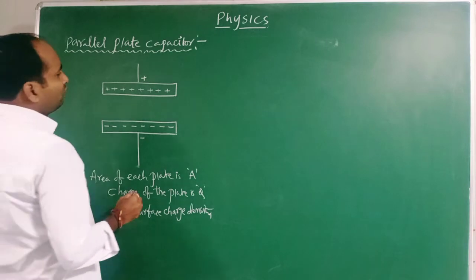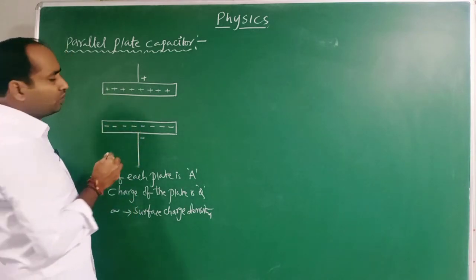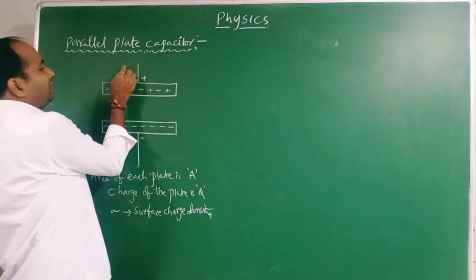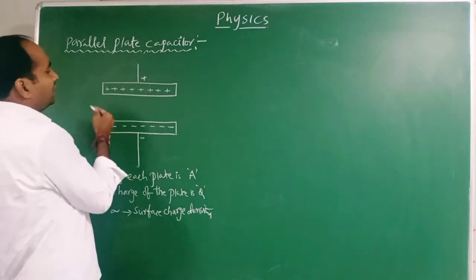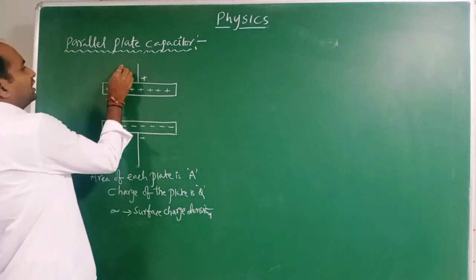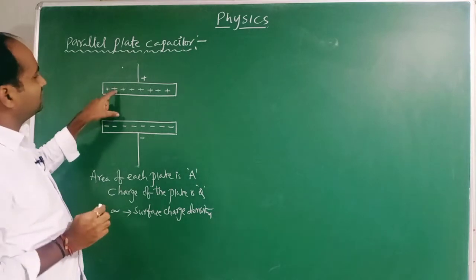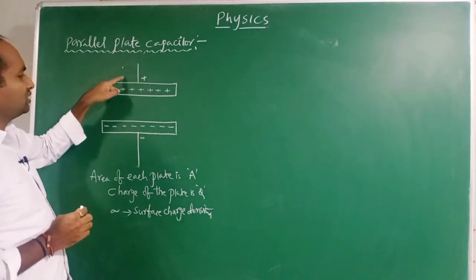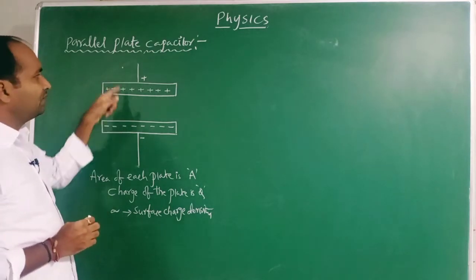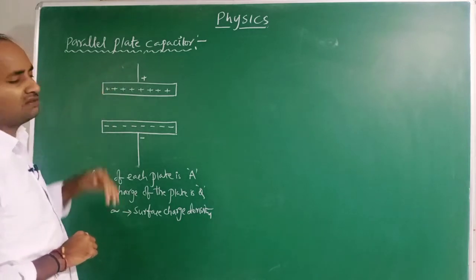Now, whenever we calculate the electric field intensity at any point above the first plate, in region 1, the field due to the positive charge is outwards and that due to the negative charge is inwards, equal and opposite, so the net electric field becomes 0 in region 1.